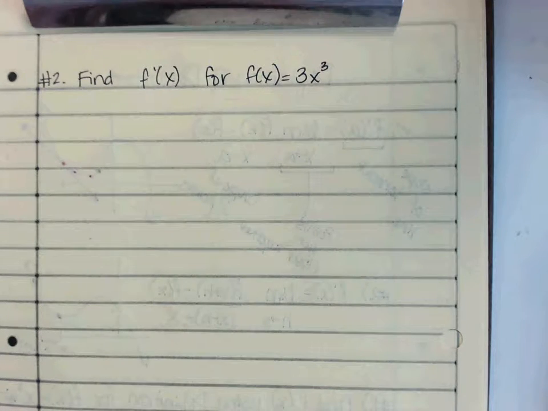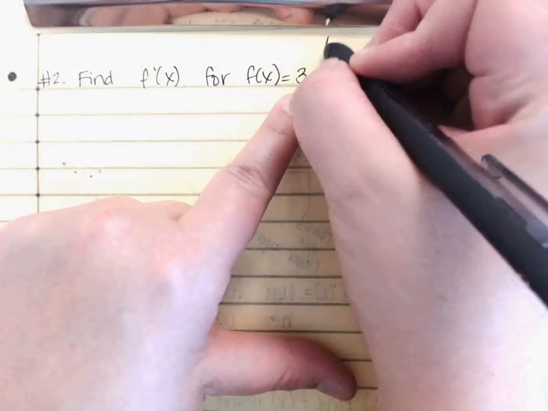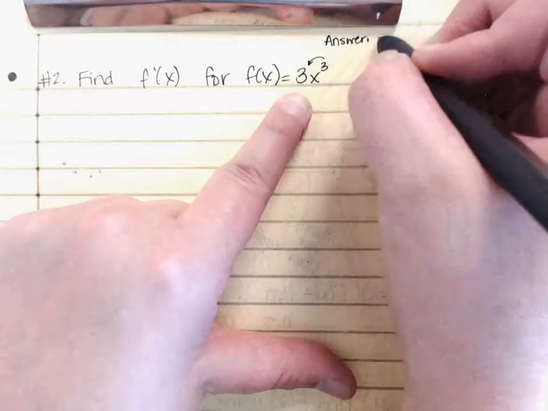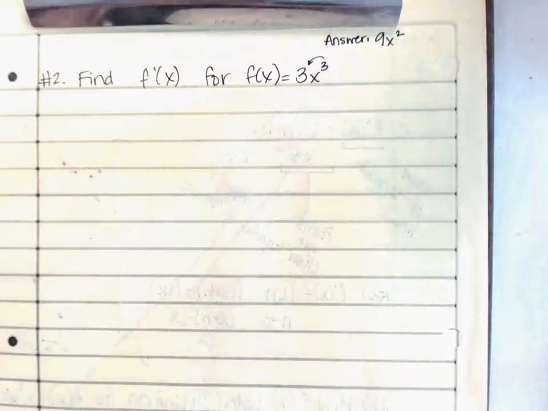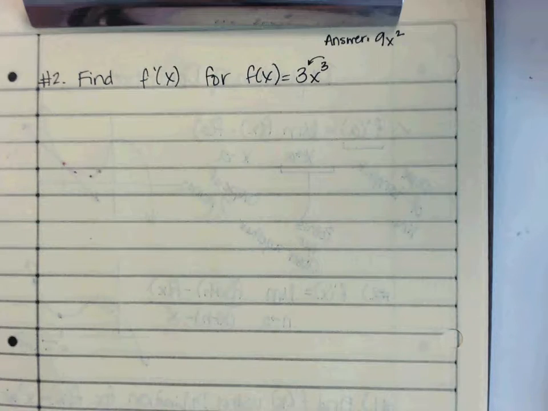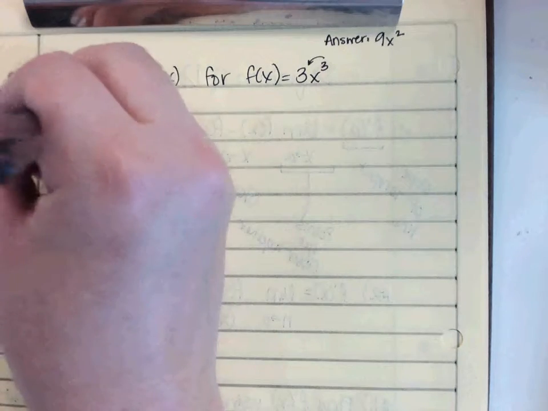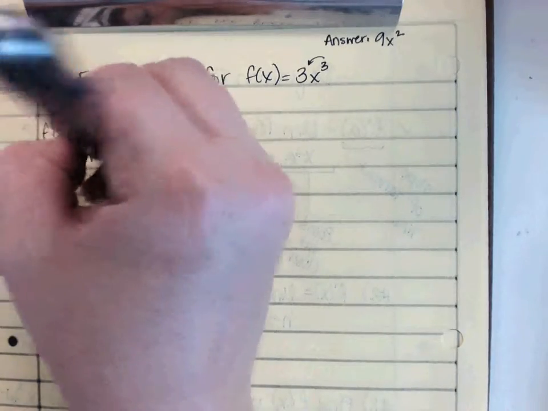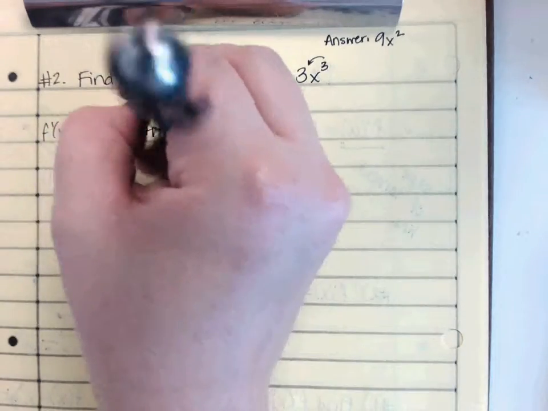Now, let's real quick, what should the answer be if I do my rules? Okay, so I'm going to put here, the answer I know I'm going to get, 3 times 3 is 9, x squared. If I don't get that, I messed it up, right? Okay, so here we go. Limit as h approaches 0, f of x plus h minus f of x over h.